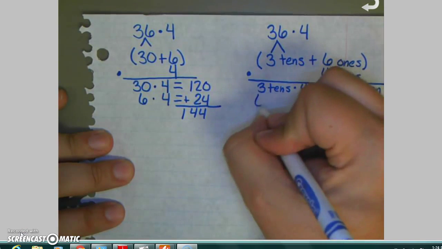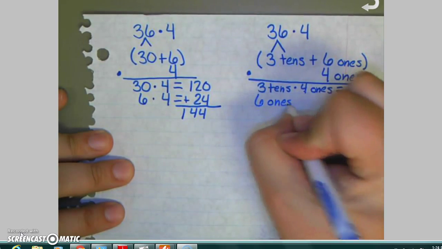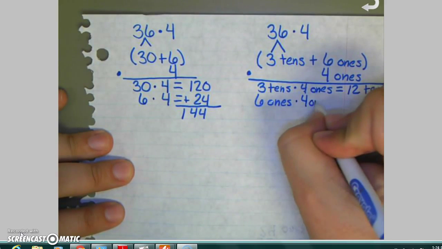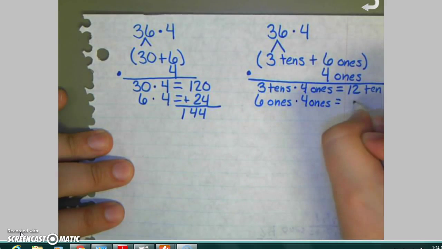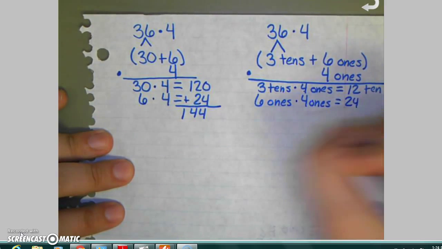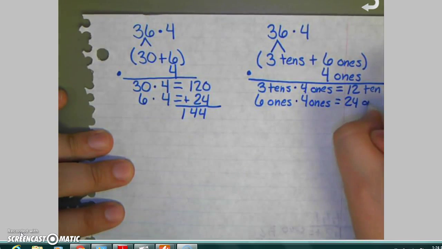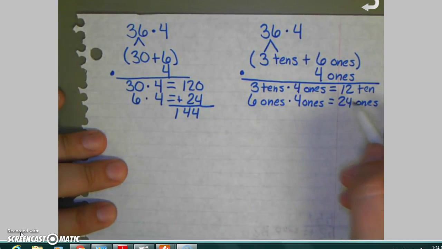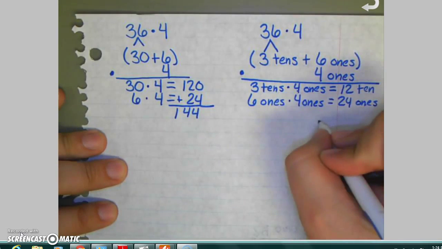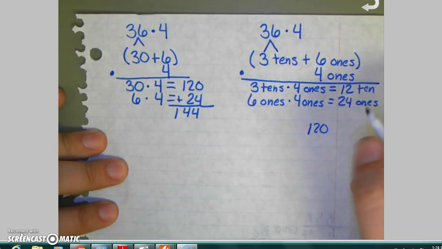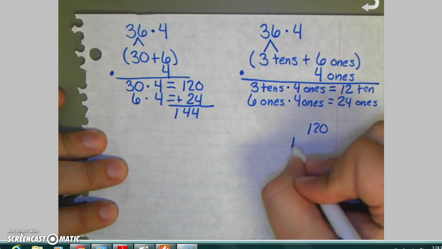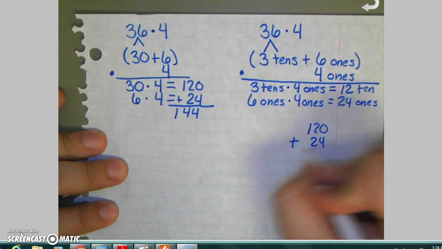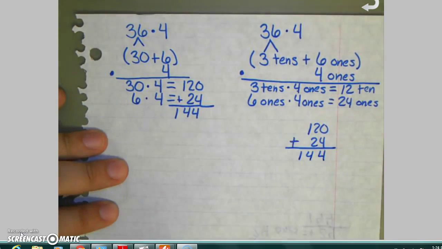And here I have 6 ones times 4 ones, which is equal to 24. 1 times 1 is ones. And so I can rename these. I know that 12 tens is the same as 120, and 24 ones is the same as 24. And I add those two together, I get 144.